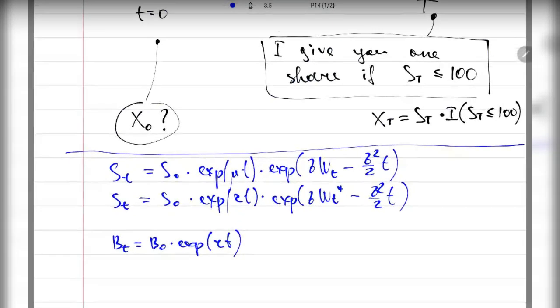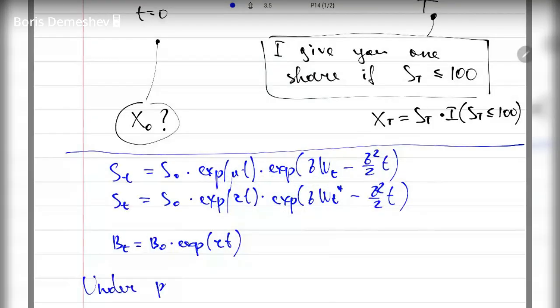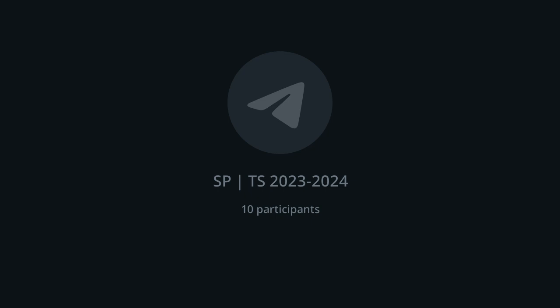And we have some strange probability measure P star, under which ST divided by exponent RT, so the discounted prices of both assets, are martingales.